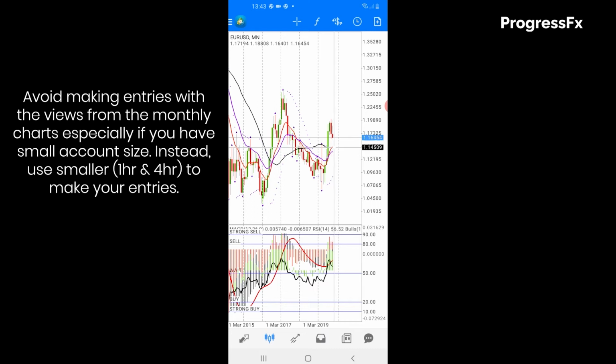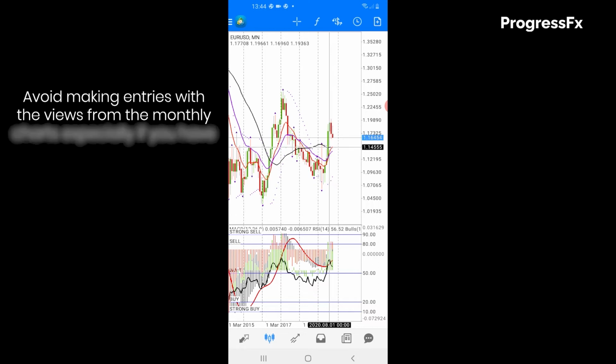But know that the market will have to retrace at least up to this level. It might be below, but specifically this particular level, 1.1446.